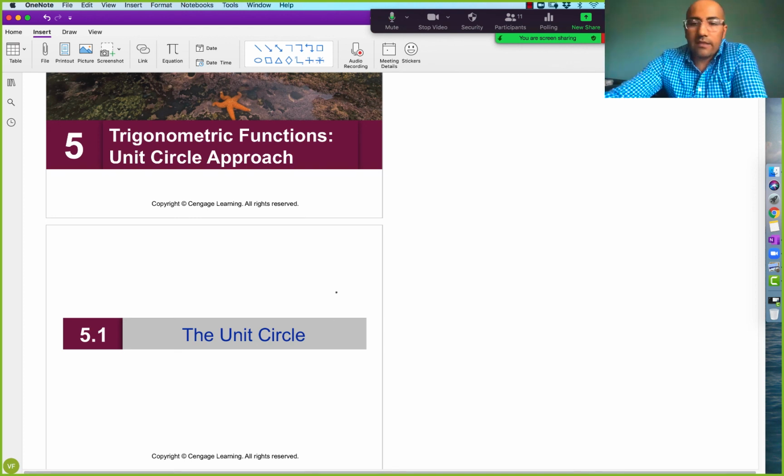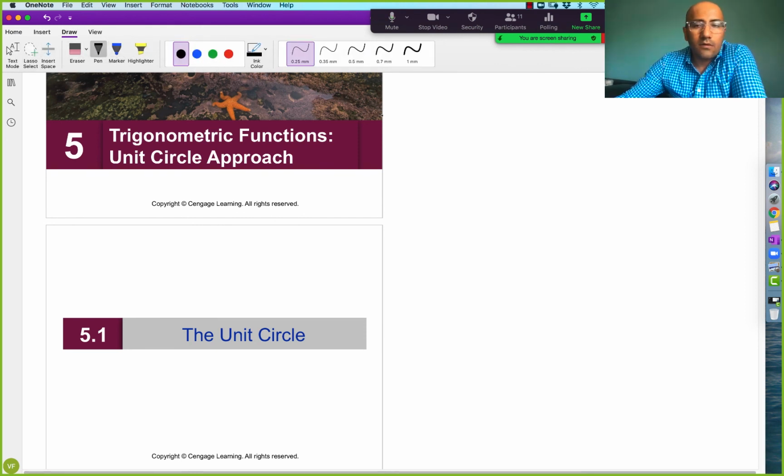Now, remember that the formula for any circle is this. Remember that we had x minus h squared plus y minus k squared equals r squared.